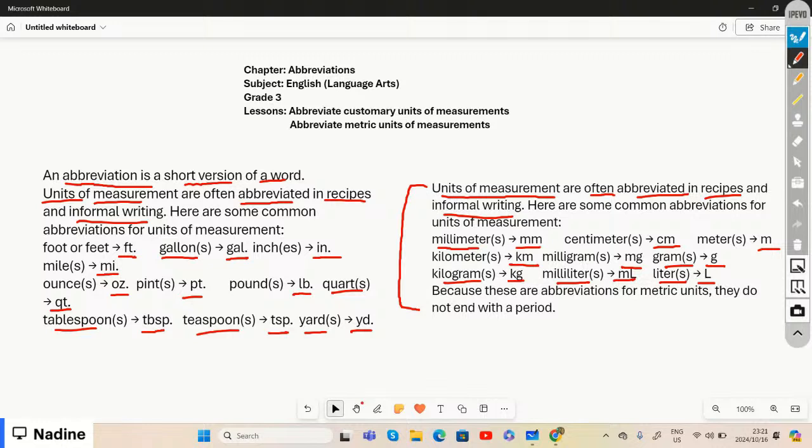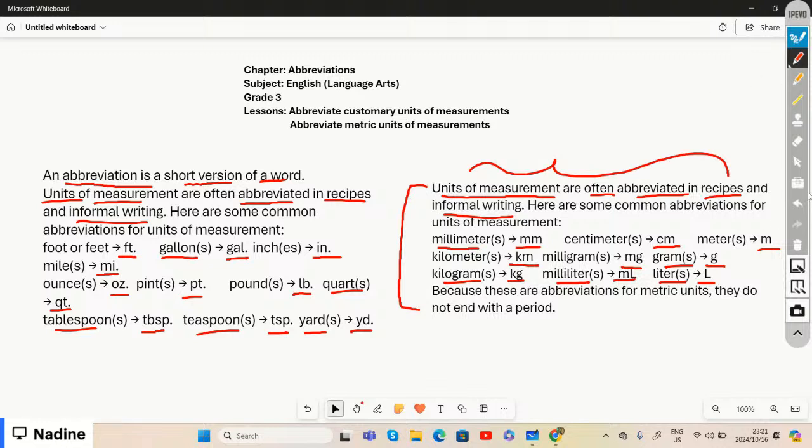All right. So now we're going to a+students.ca, and then we're going to continue with abbreviations, specifically units of measurements, as well as metric units of measurements. And keeping in mind, metric units of measurements do not end with a period.